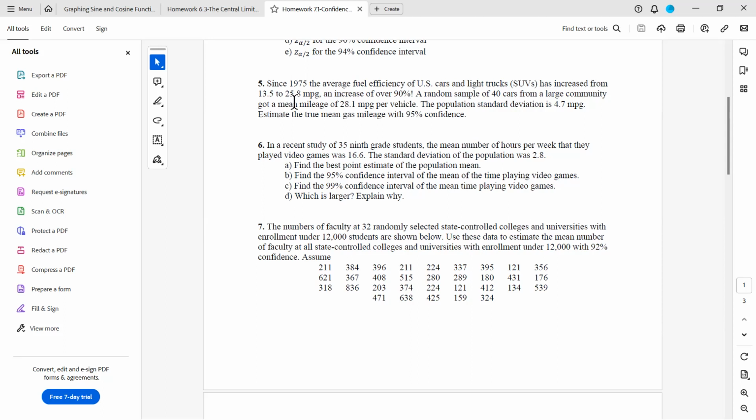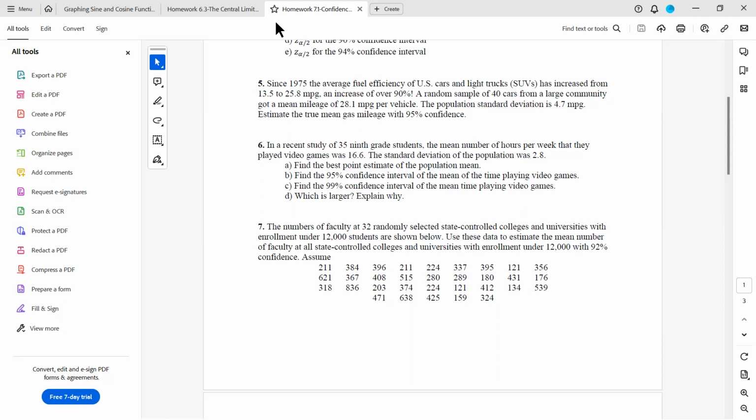You want to find, A was the point estimate, B was the 95% interval, C was the 99. And which is larger, explain.